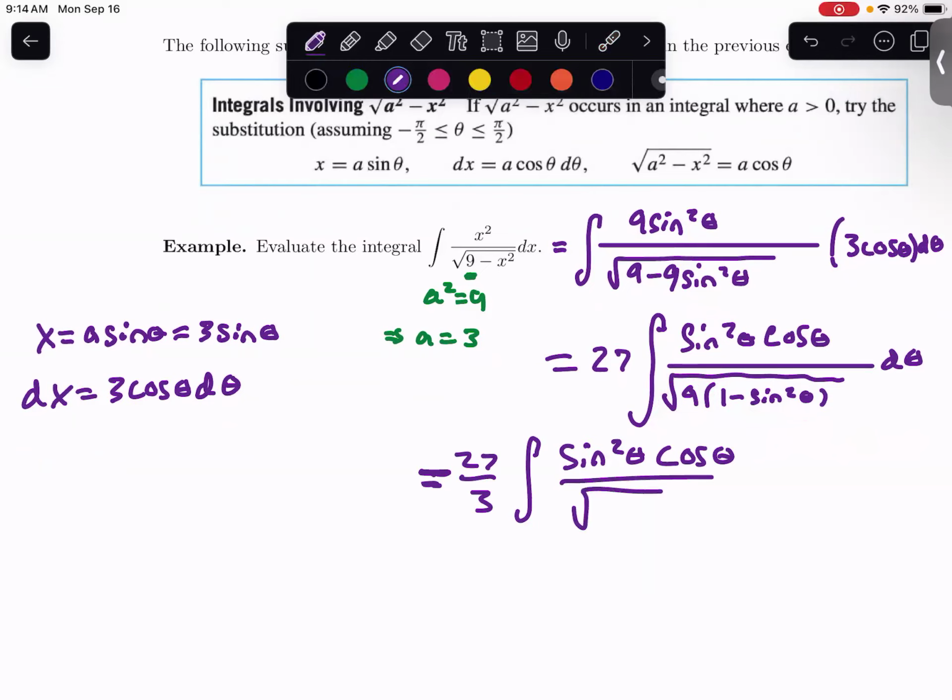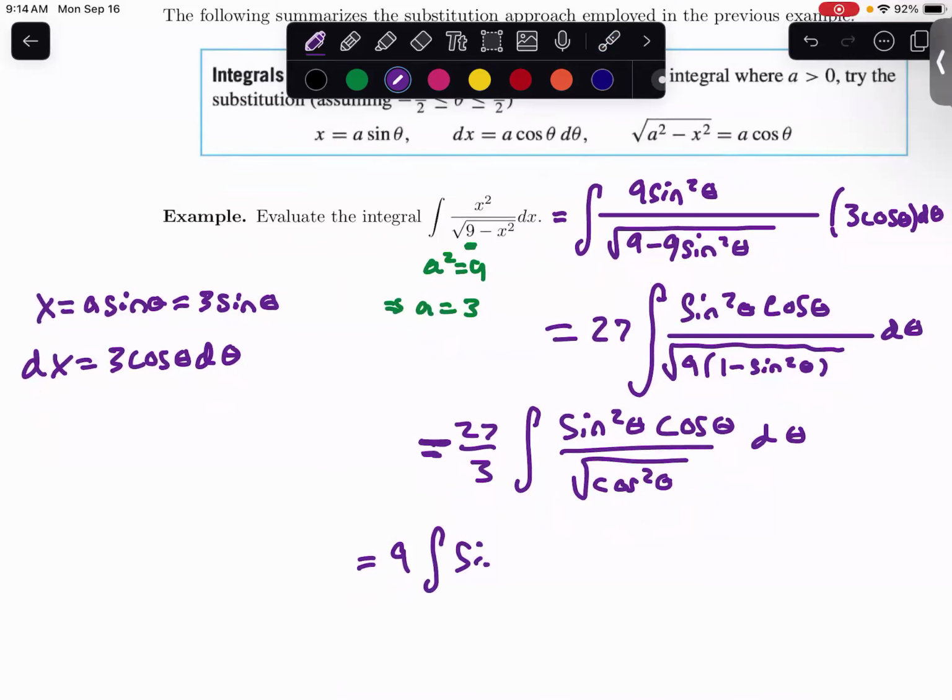So this is the square root of cosine squared theta, d theta. We have a square root of cosine squared theta and then a cosine theta, so these terms will cancel out with one another. And so this is going to be equal to 9 times the integral of sine squared theta d theta.